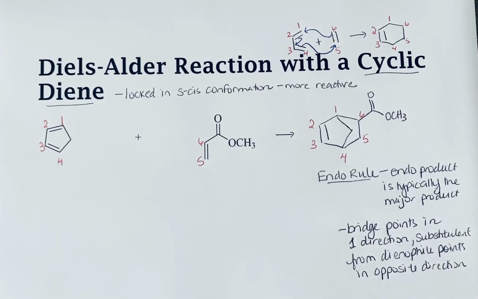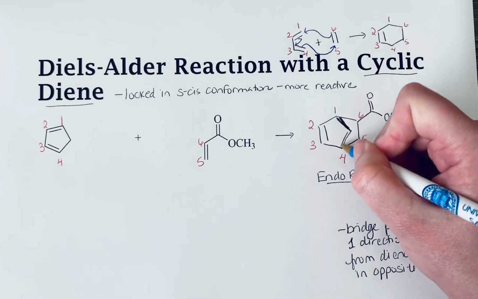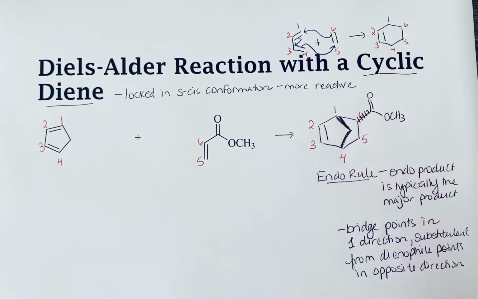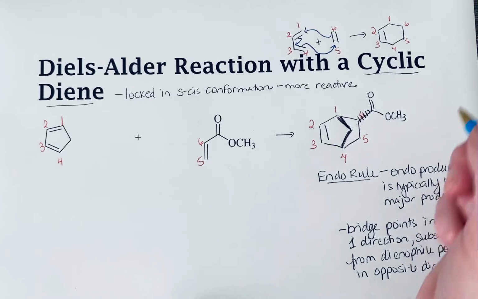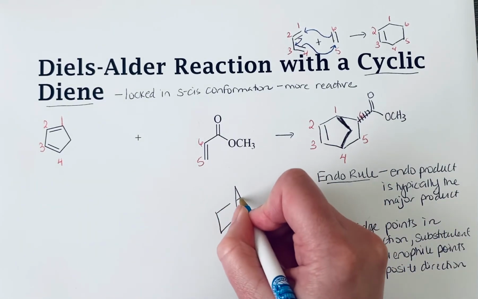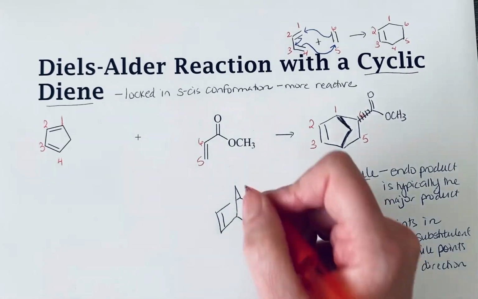So what we can do here is shade in this bridge so that it's pointing up, and we will indicate that this is pointing back. You could also see this drawn in 3 dimensions. You might see, here's that bridged system. So this is carbons 2 and 3.